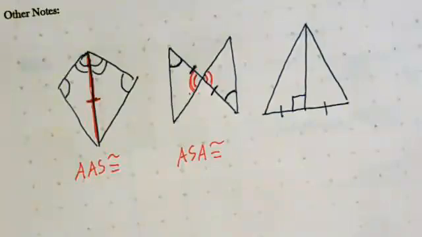Same question as before. Are they congruent? What reason? But before that, the first question we really should be asking ourselves is, what else can we mark in this picture? Jacob's got an idea for us.